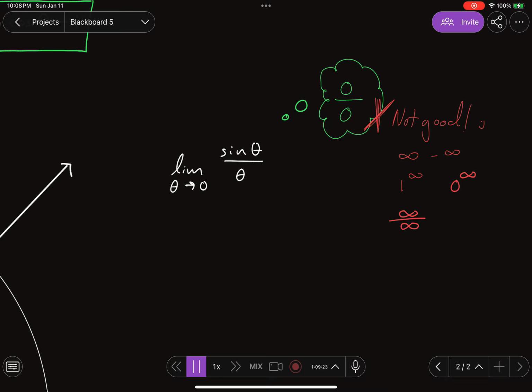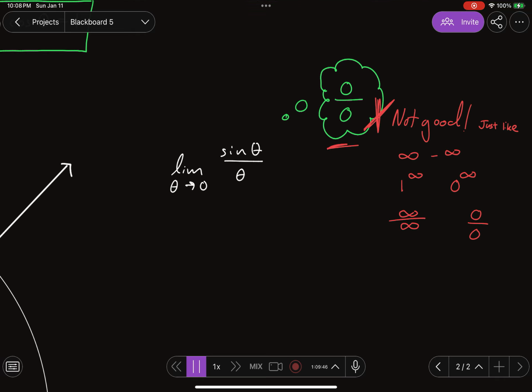So in other words, if your limit ever poses these sorts of shapes, then you have more work to do. It's indeterminate. You can't determine anything. This is one of them. This one in particular is 0 divided by 0.